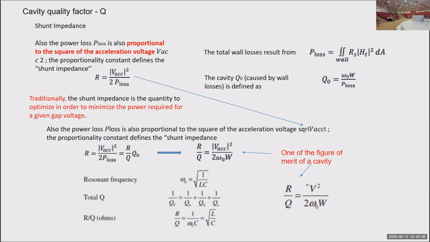Those are the different Qs. That's the total Q. And it's the most valuable figure of merit of the cavities that we are going to use in the selection. That's the definition of that one.